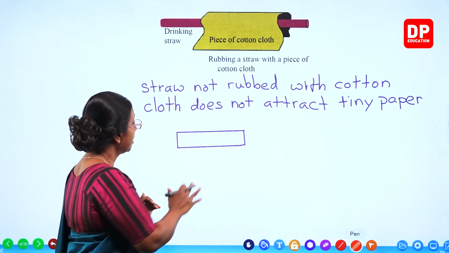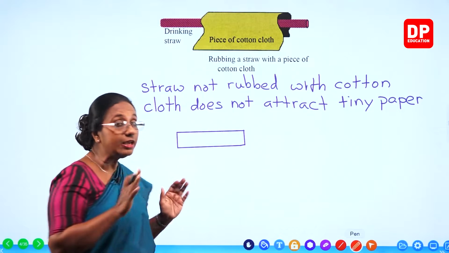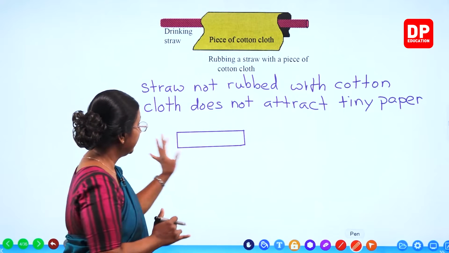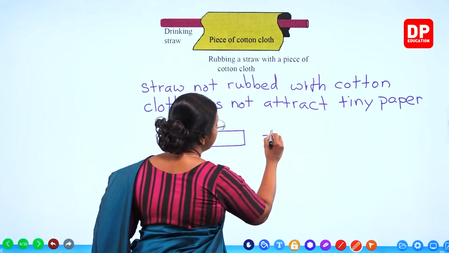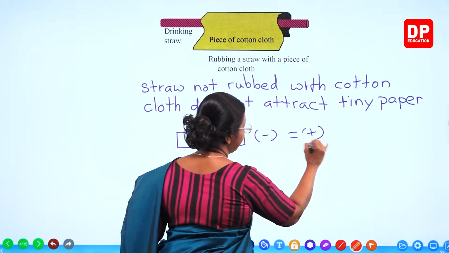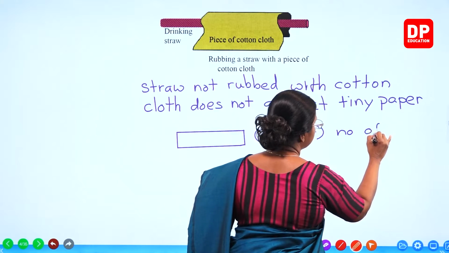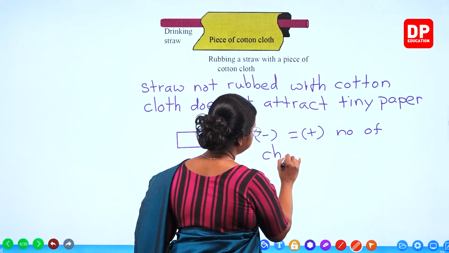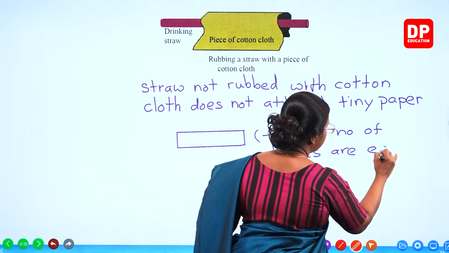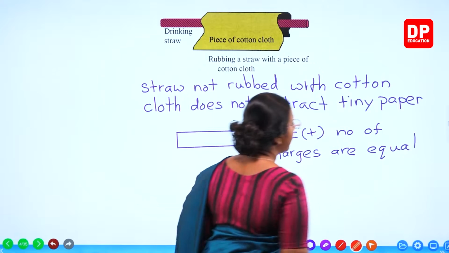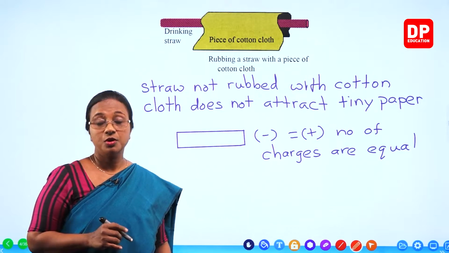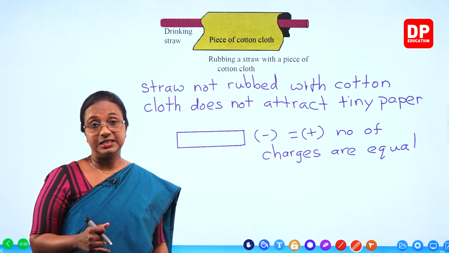These have equal number of positive and negative charges. So in this rod there is negative charge that is equal to positive charge. Charges are equal.